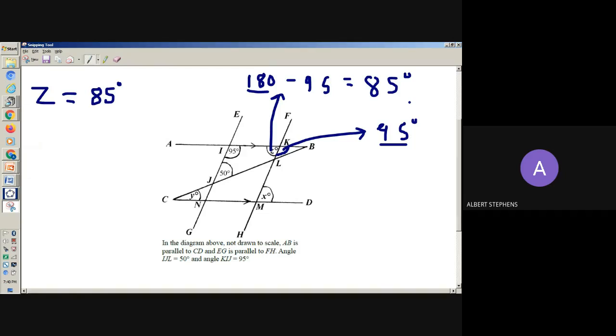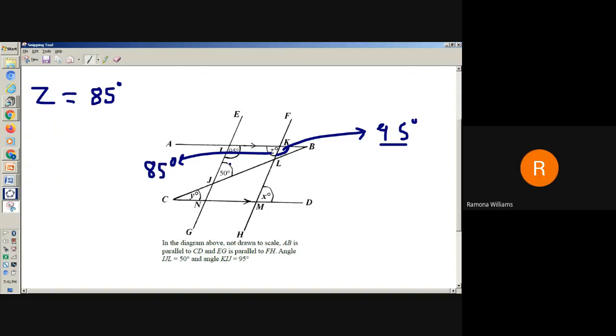Who can tell me what you think X is? 85. All right, hold on. So we said that Z is 85. You want to give me the logic? Alternate angles. You're talking about Z angles?